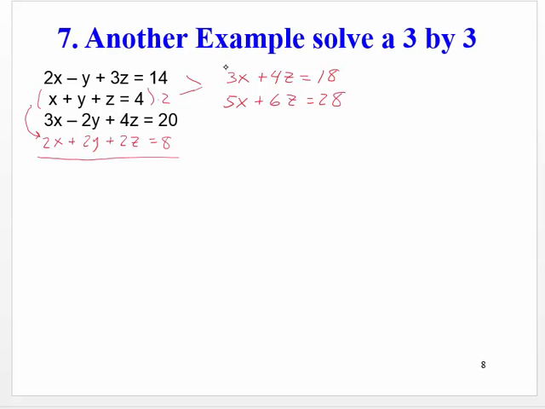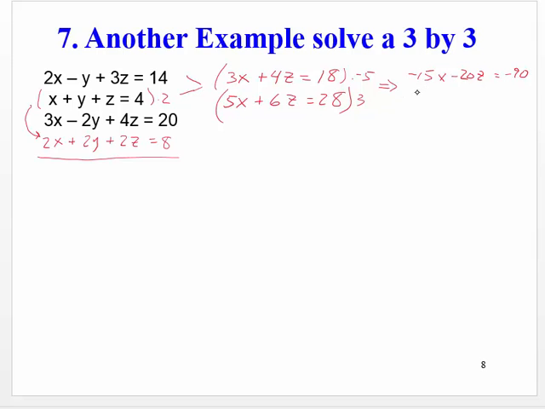So let's eliminate the x's. I'll multiply this one times minus 5, and this one times 3. Now they'll match up. So we'll get minus 15x minus 20z is equal to minus 90.